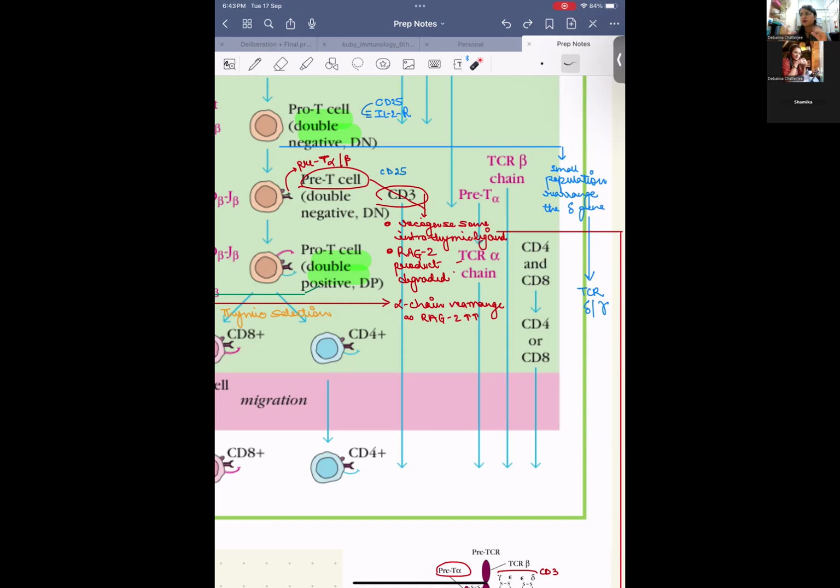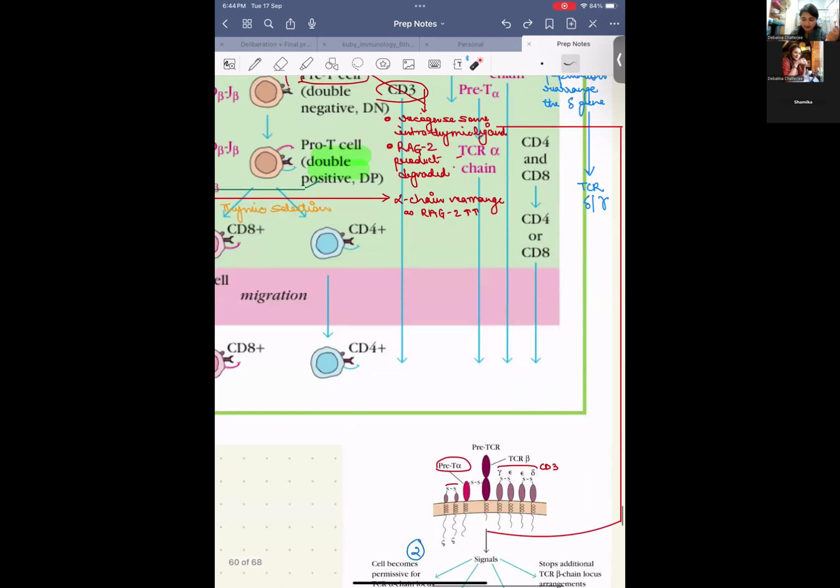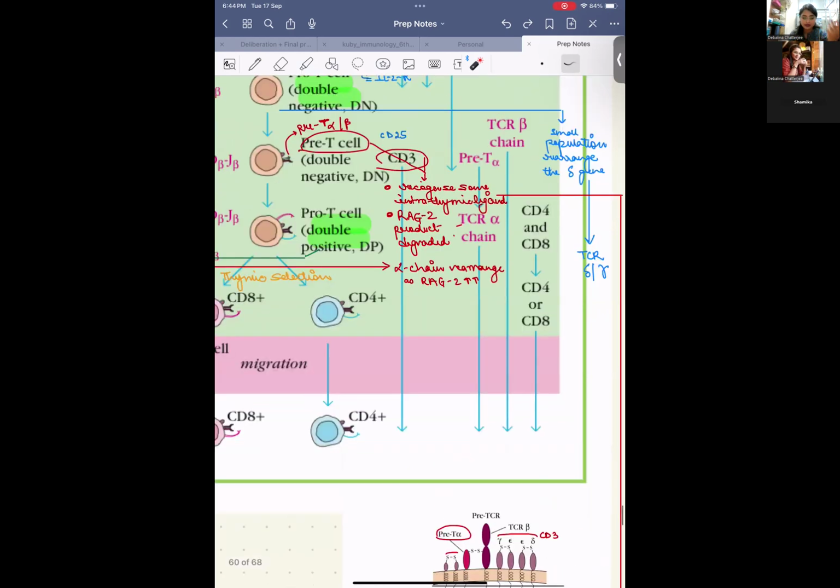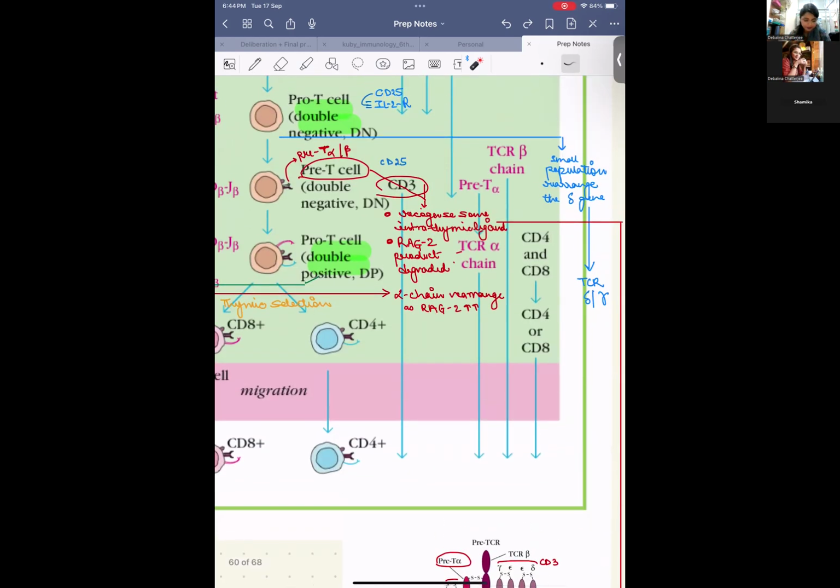So a lot of epithelial cells, nerve cells, dendritic cells, a lot of other cells are present inside the thymus. And what is this signal coming from? This signal is coming from the association of this complete receptor along with the ligands being expressed by the thymic epithelial cells.